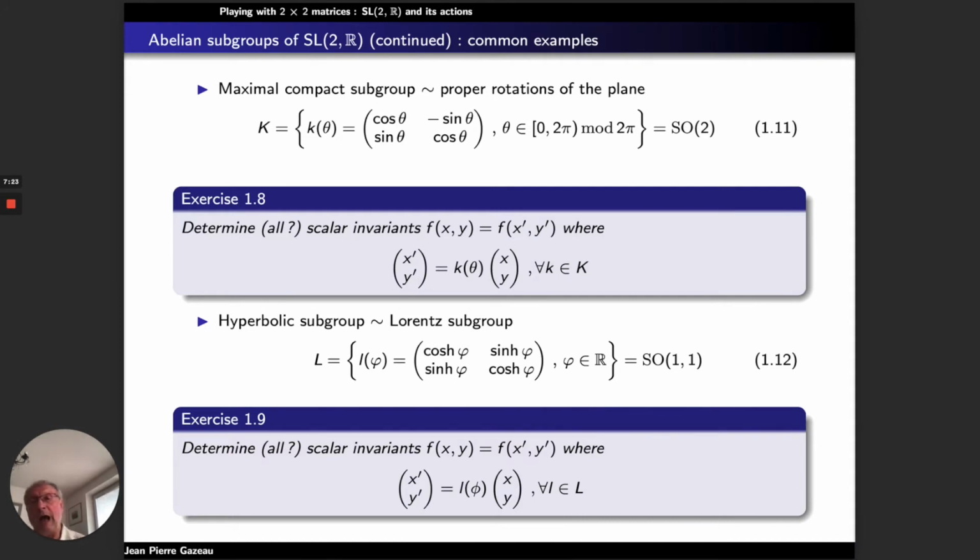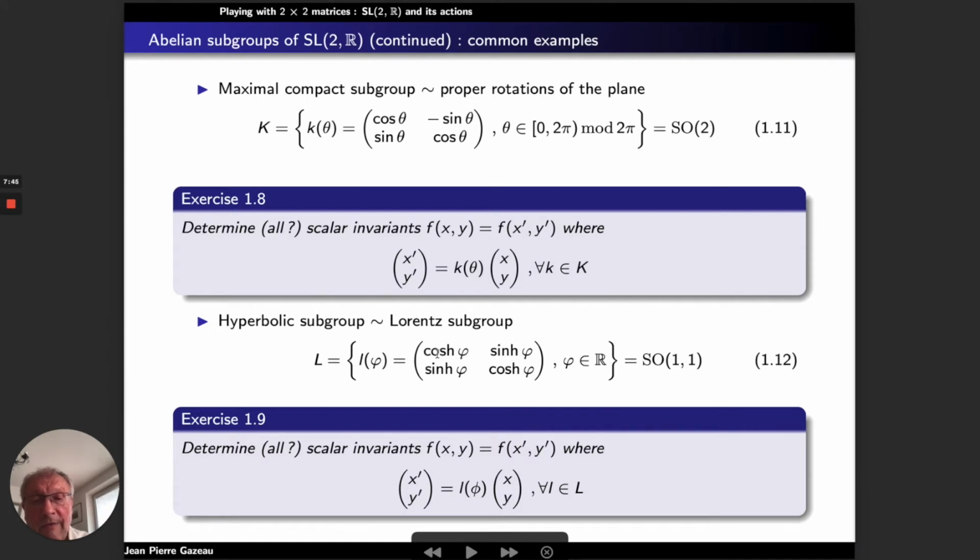Now you have what we call the hyperbolic subgroup, which is also called in physics the Lorentz subgroup, Lorentz boost. It is made of all matrices with a real parameter phi, which in physics is called the rapidity.